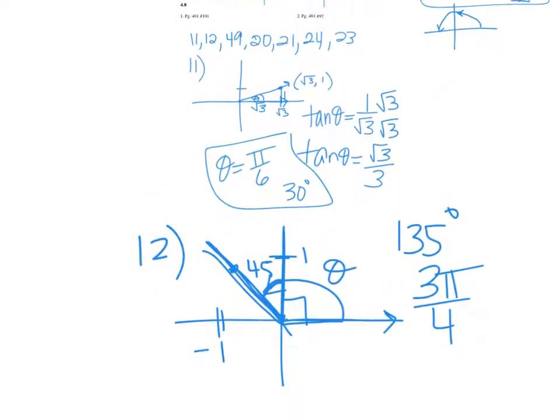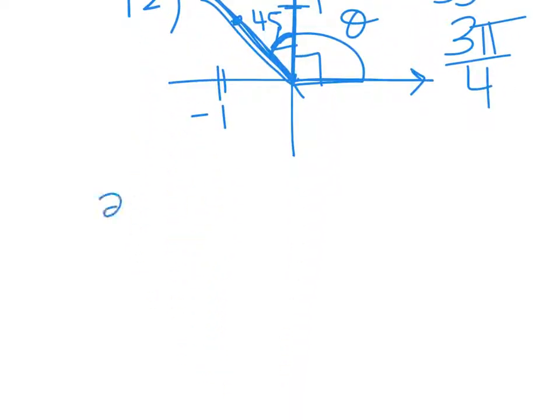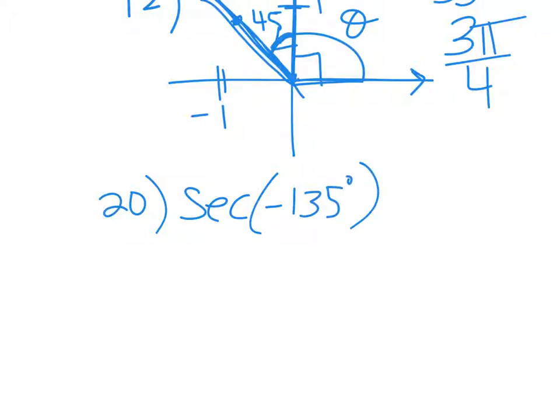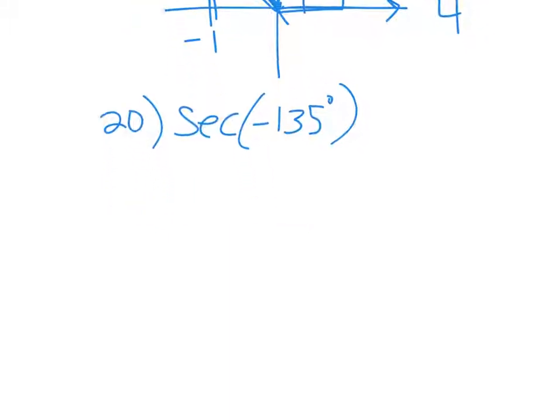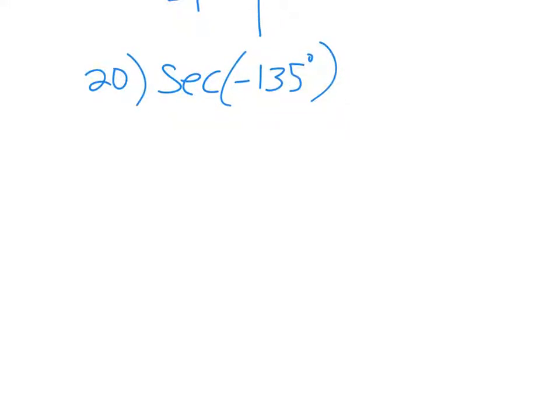All right, now let's do some of these fun ones. Let's do 20, 21, 23. Let's just do a couple of them. Okay, number 20. I have to find the secant of -135. I don't like it when it's in degrees. I'm not a big fan. This is all non-calculator. I need to know where -135 is. Well, -135 is going to start here and it's going to end right here in the middle. Okay, so the reference angle is really pi over 4.